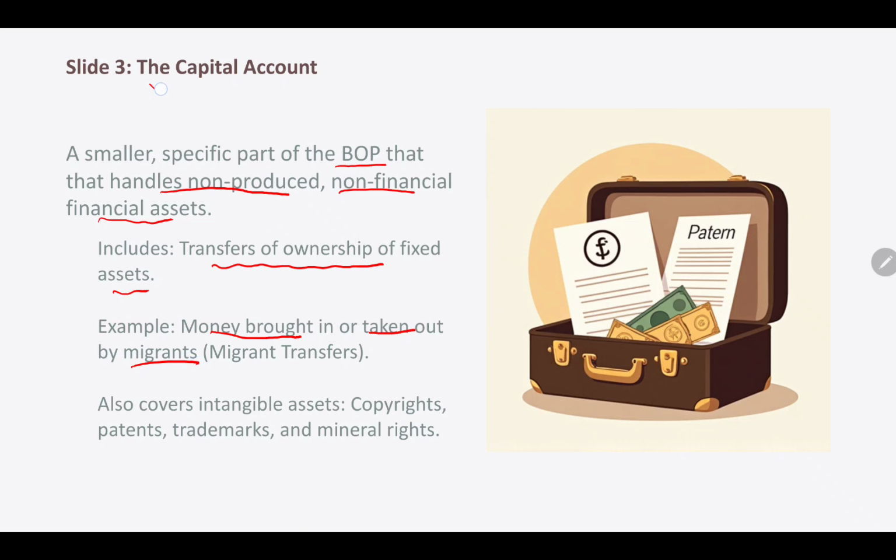It also covers intangible assets like copyrights, patents, trademarks, and mineral rights. In BOP, we have three components: the financial account, the capital account, and the current account, which are the most important ones.